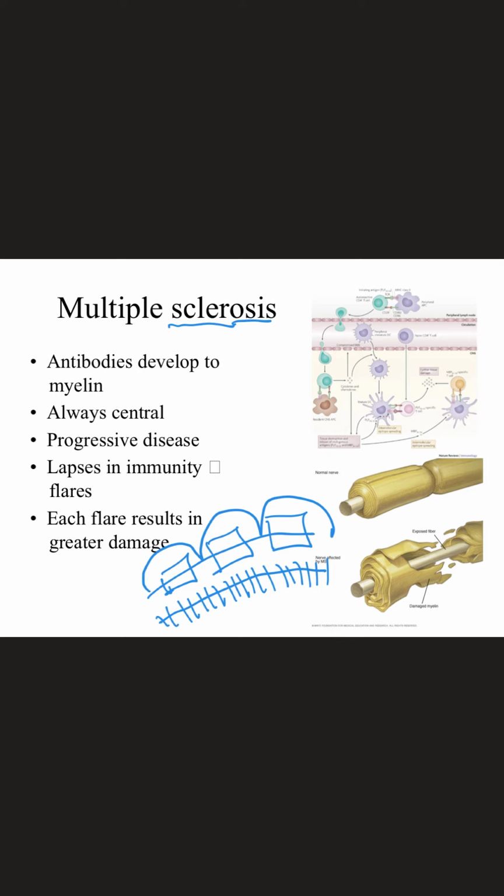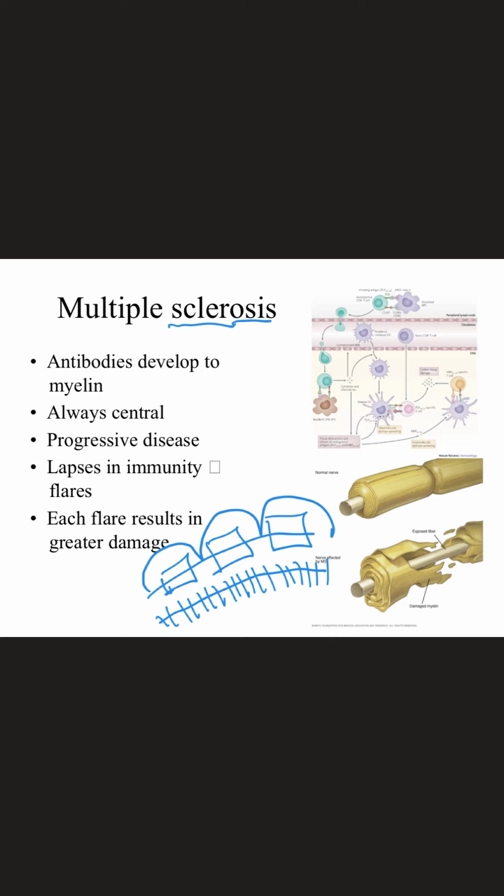We have this area of lost encasing. That also means if you touch this, you can get shocked. The charge isn't going from point A to point B. It can diffuse out in all directions. So that's going to limit the ability of things to go the way that they need to from point A to point B. So that brings us then to multiple sclerosis.